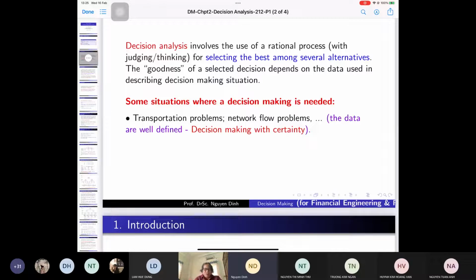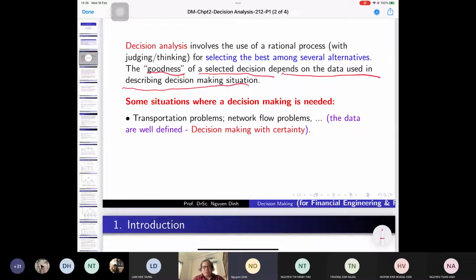If you look at this point of view, that is the best and you choose this one. But if you look from another point of view, maybe the other will be the best, and you will choose the other one. The goodness of a selected decision depends on the data used in describing the decision-making situation.